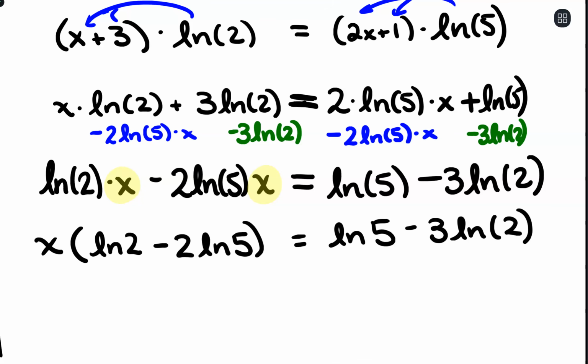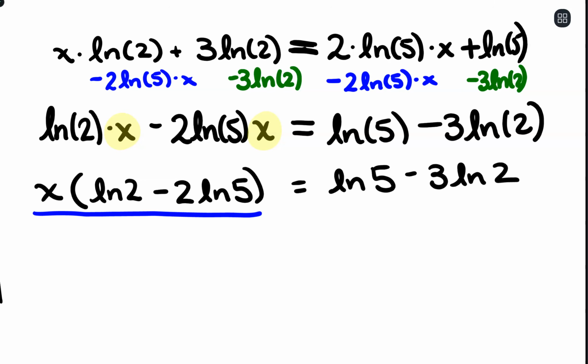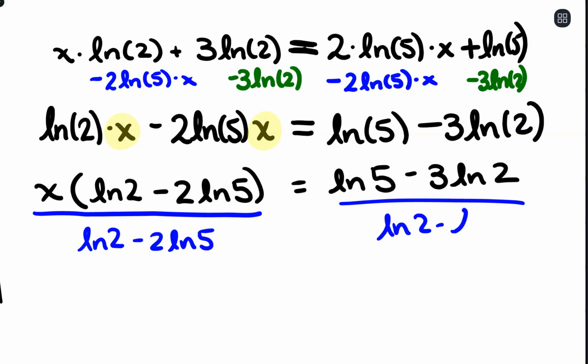And then what we can do is divide away from x. So what I'm going to do is divide this left-hand side by that whole expression that I factored x out from. So natural log 2 minus 2 natural log 5 divided by natural log 2 minus 2 natural log 5. And then it's just a matter of typing it into the calculator.